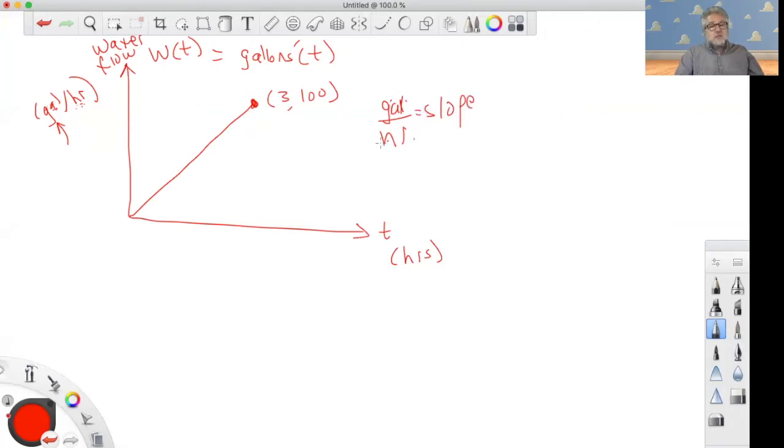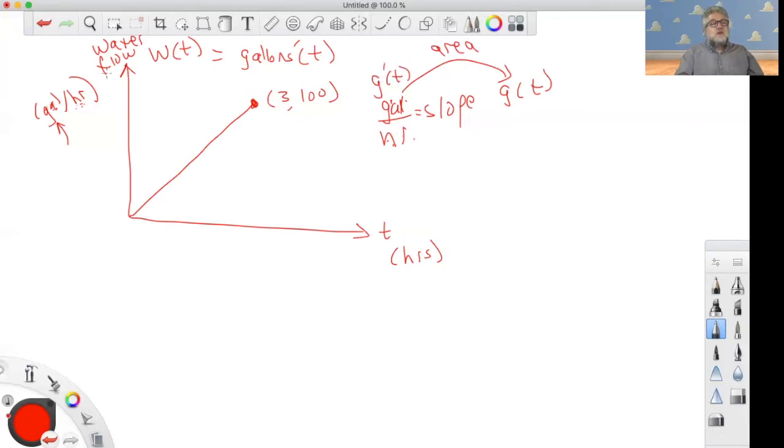To get to my gallons function, I can calculate the area under my gallon prime.